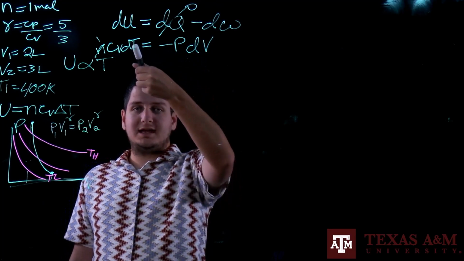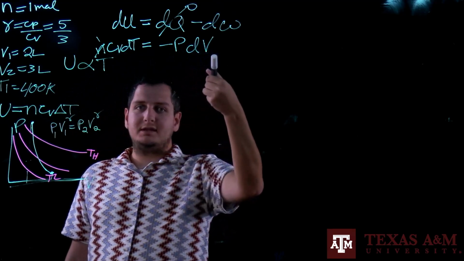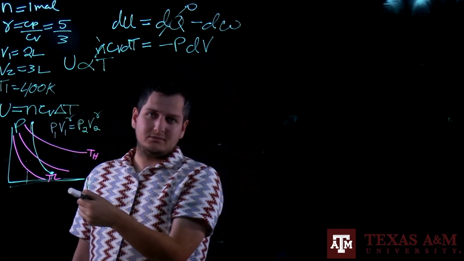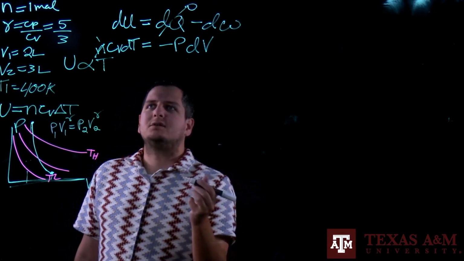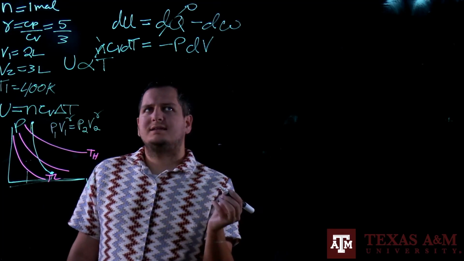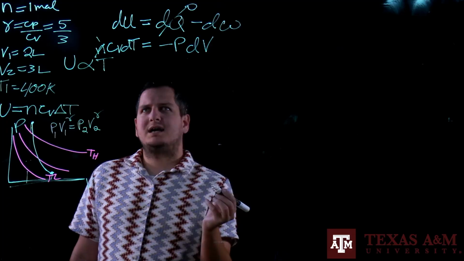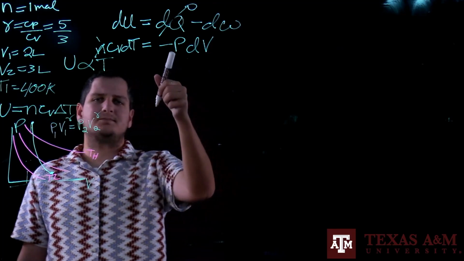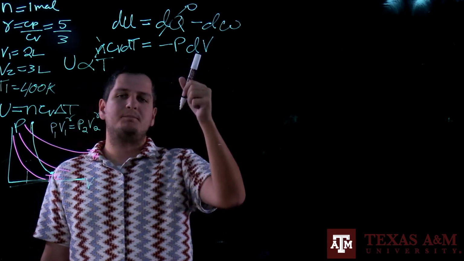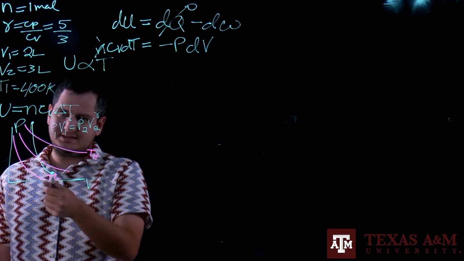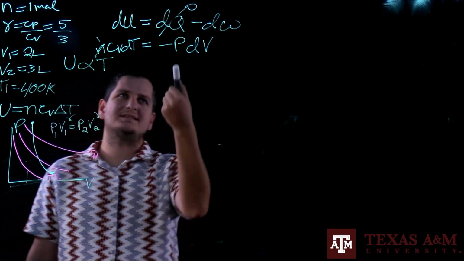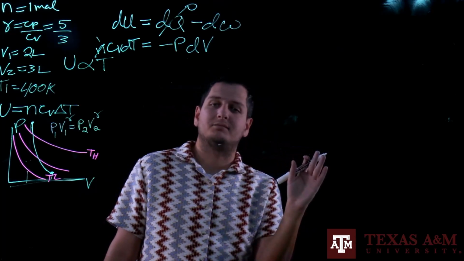So this is good. I have T and I have V, which is what's on my diagram here, which I kind of want this in terms of. What's next? Well, I can integrate both sides, but P, this is a problem. P here changes as a function of P. So P is not constant during this adiabatic process.